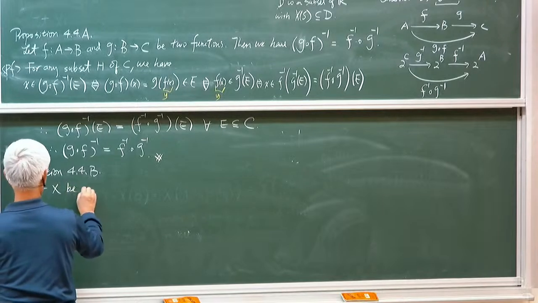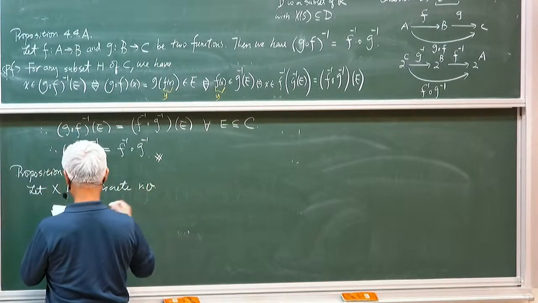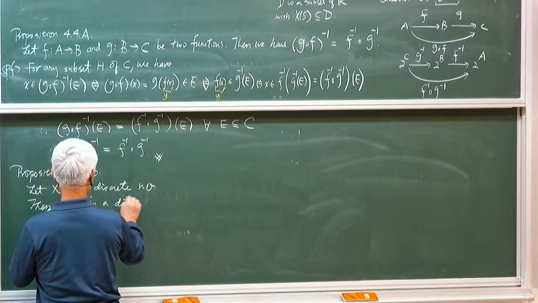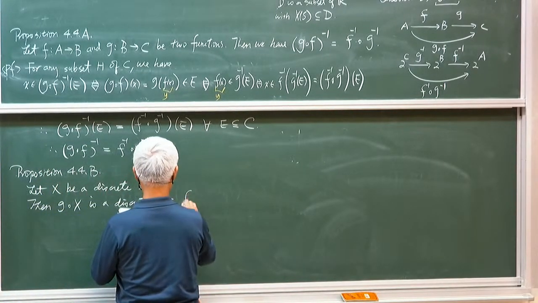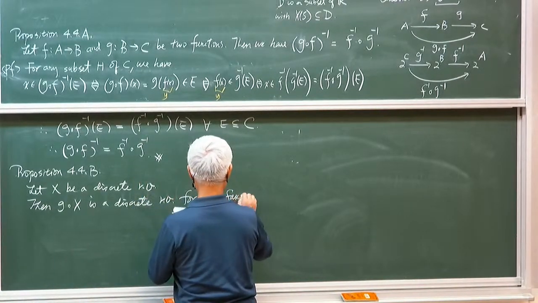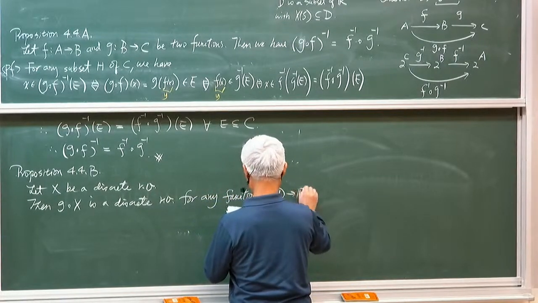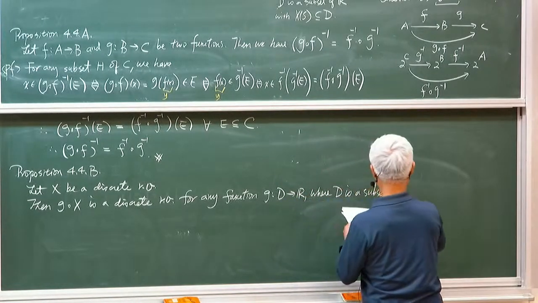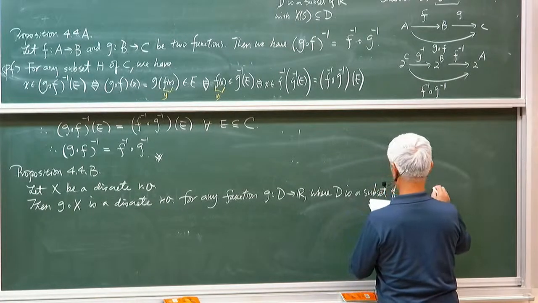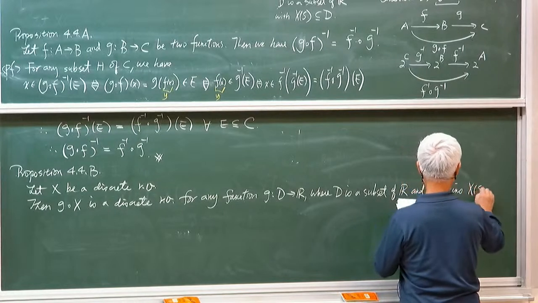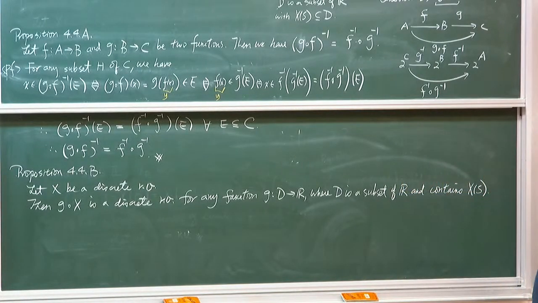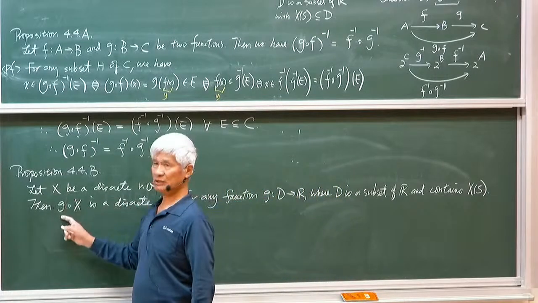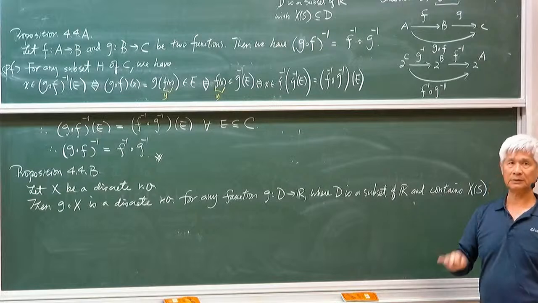Let X be a discrete random variable. Then g composed with X is a discrete random variable for any function g from D to R, where D is a subset of R and contains the range of X. So for discrete random variables, the data processing g can be any function.